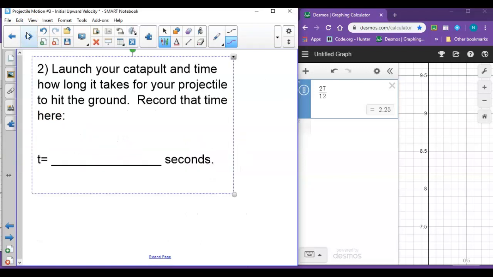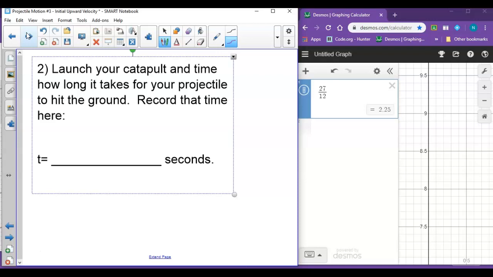The next thing I'm going to do is launch the catapult and try my very best to measure the amount of time it takes for the projectile, the rock or the candy or whatever you're throwing, to hit the ground. This is a little difficult to do. You can use a stopwatch on your phone, but it's tough to get it just right.